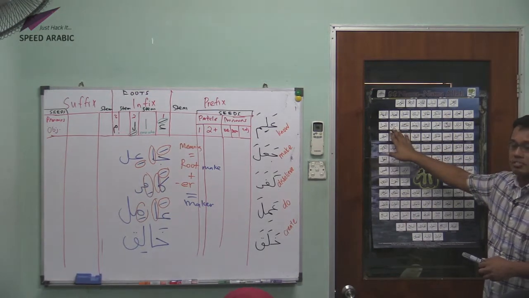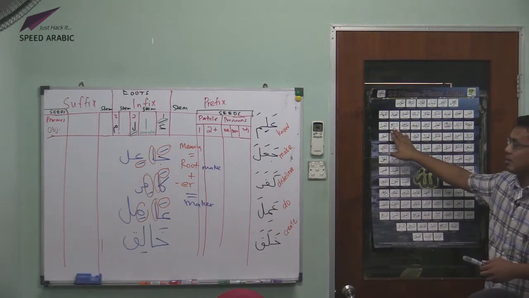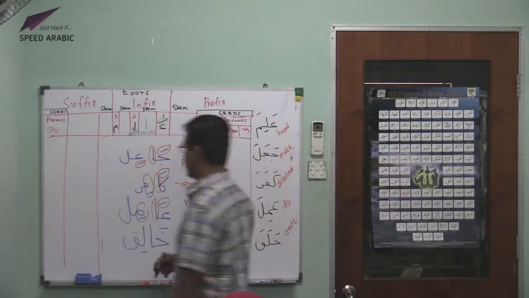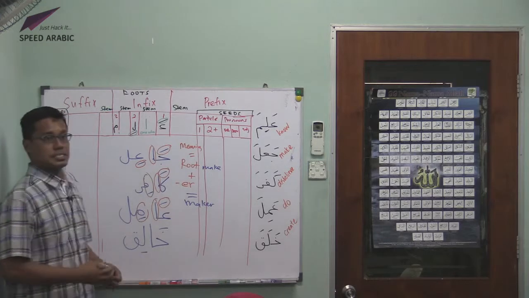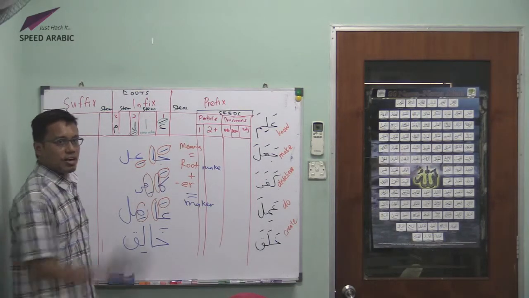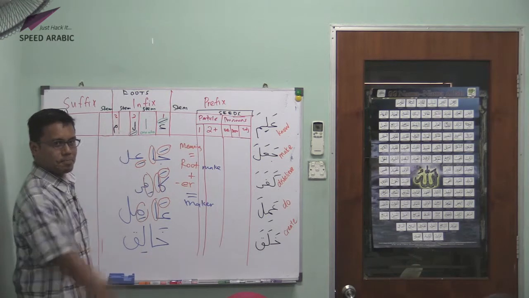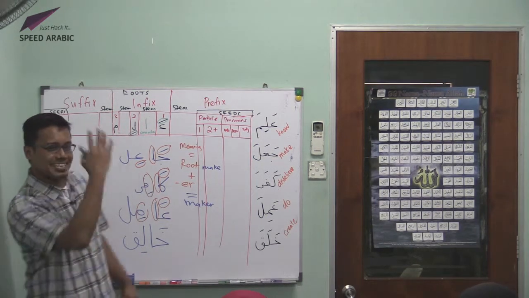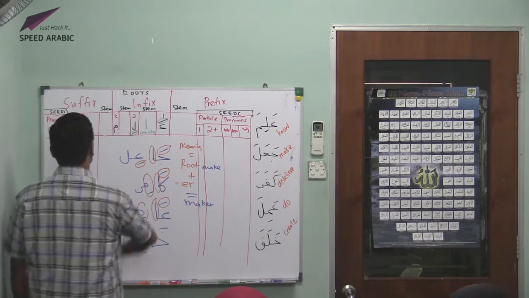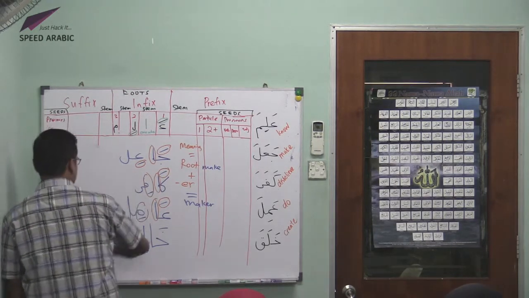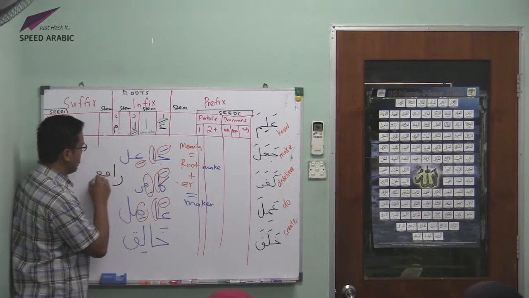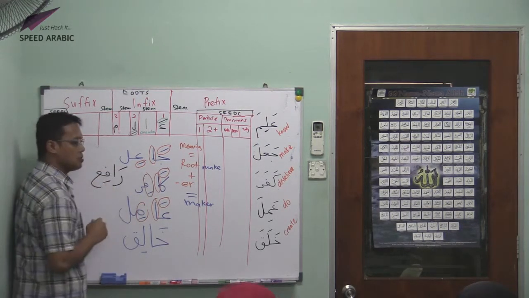Rafi'. What's the meaning of rafa'a? In Malaysia, they make it Malay. Saya merafakkan kesyukuran. Mengangkat kesyukuran. Rafa' means angkat. Okay, so let's say the formula is like this. When you see this word rafi', how do you hack it?